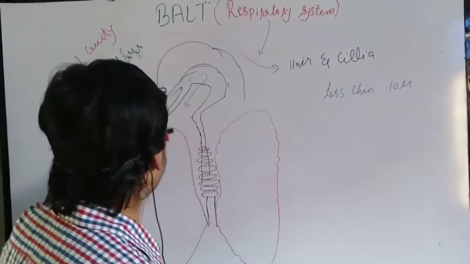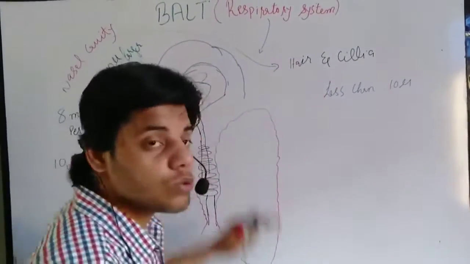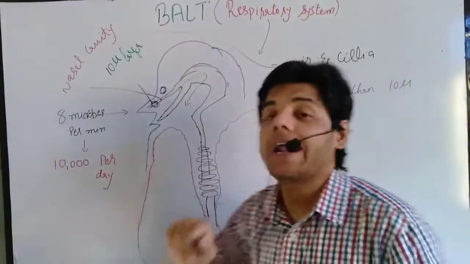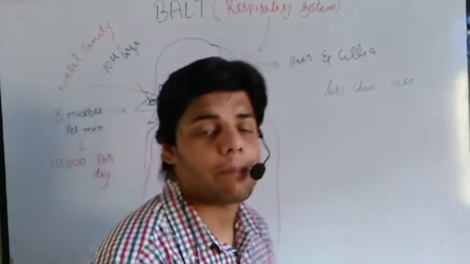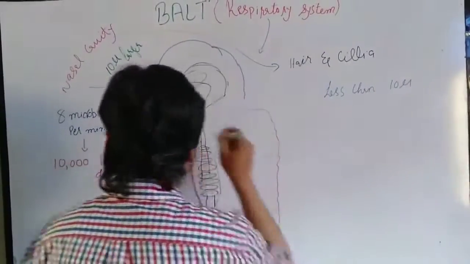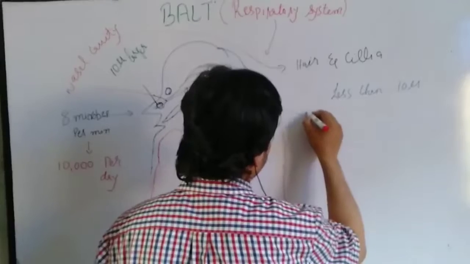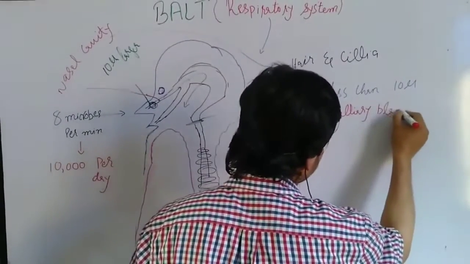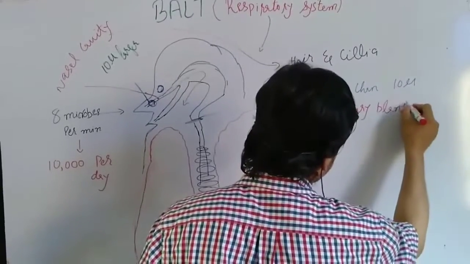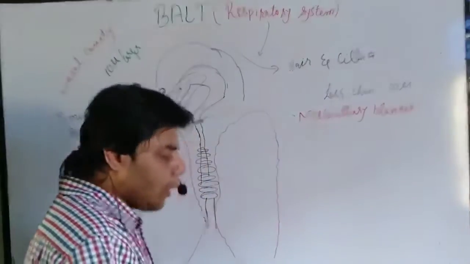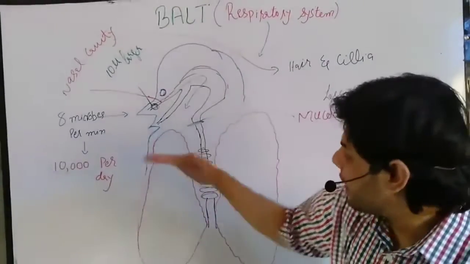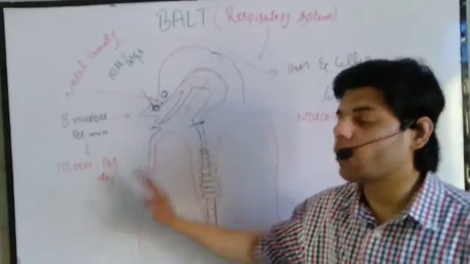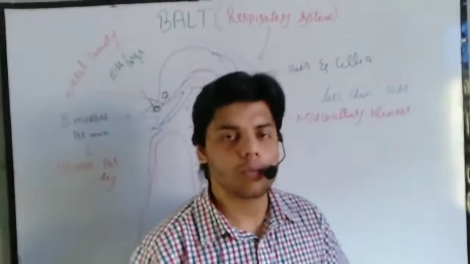These microorganisms pass through the nasal cavity and reach a specific area, and in that area there is a blanket which we usually call the mucociliary blanket. This blanket can prevent the microorganisms from passing to the lower respiratory system of the human body.